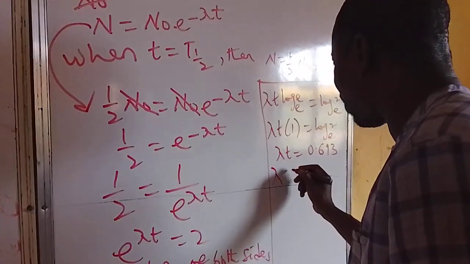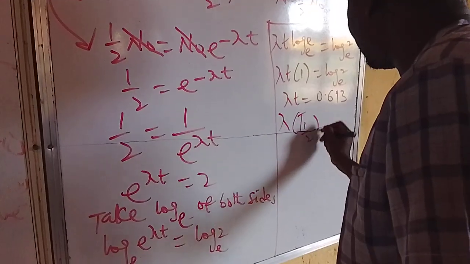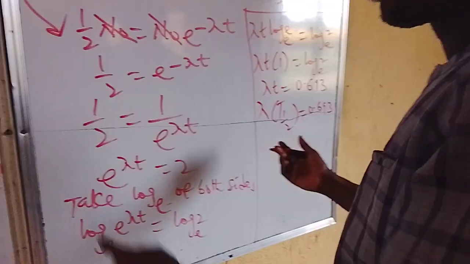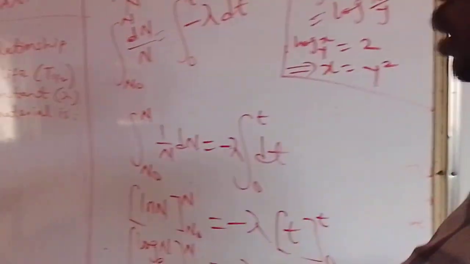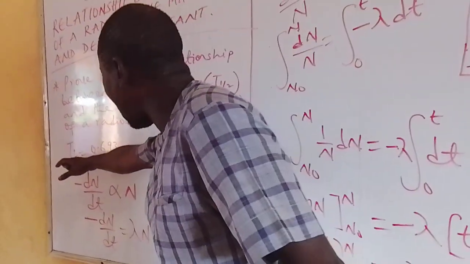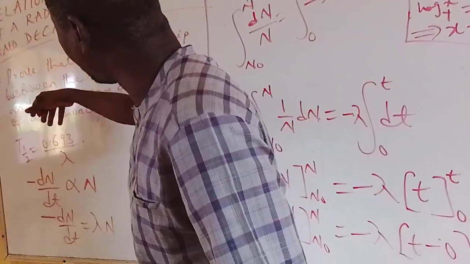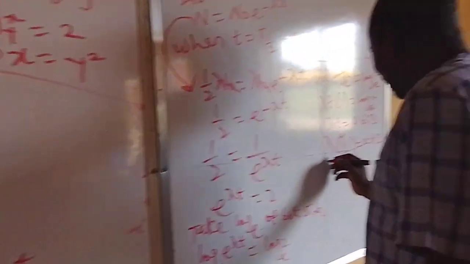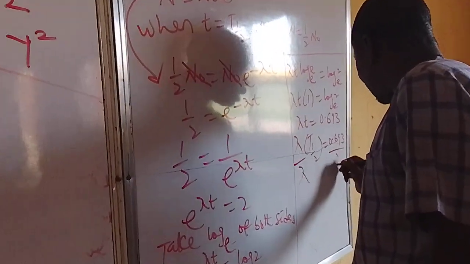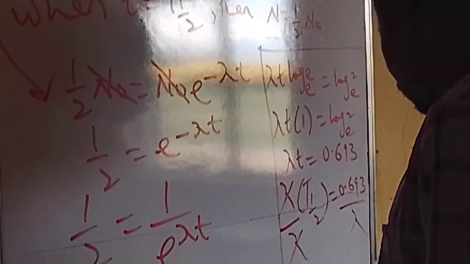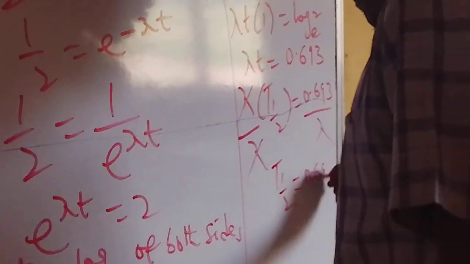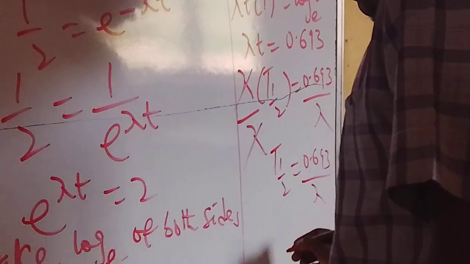So I will have lambda T half is equal to 0.693. Our assertion was that we should make T half the subject of the formula, that is the relationship between T half and lambda. So I just divide both sides by lambda, so lambda crosses out lambda. T half is equal to 0.693 over lambda.